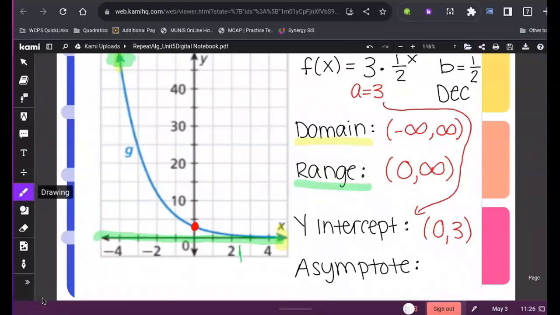And then this green line, that's our asymptote. It's the line that the graph sits on top of. That is 0 again. So y equals 0 is my asymptote. So you're going to identify the same 4 key features for the 4 graphs on your page 52 practice.